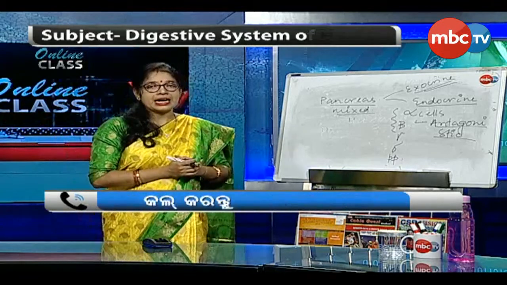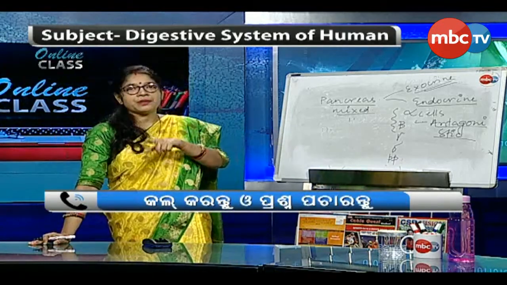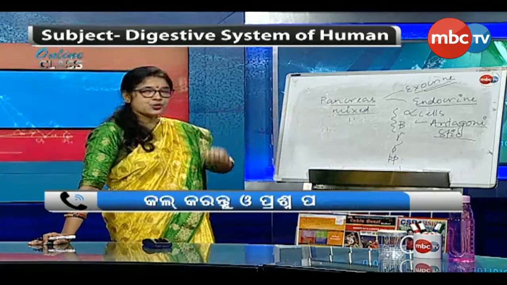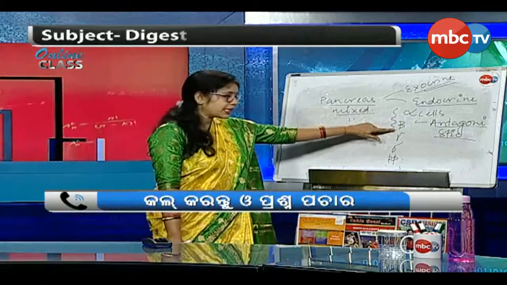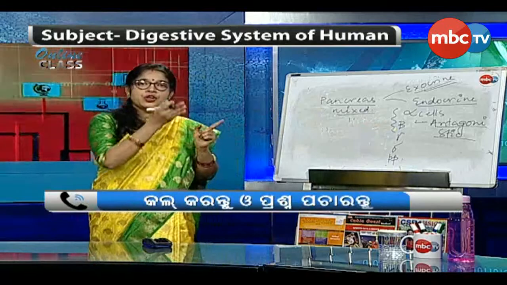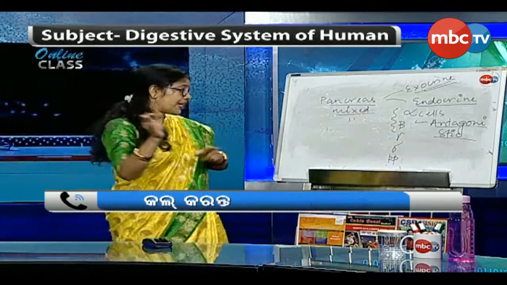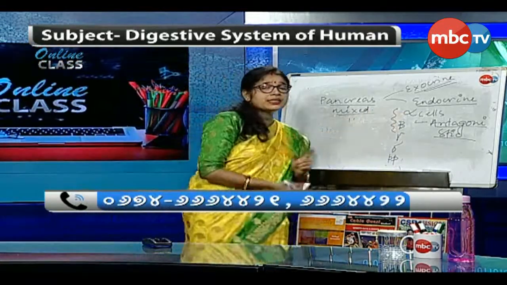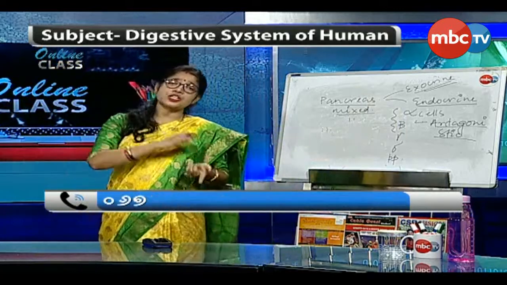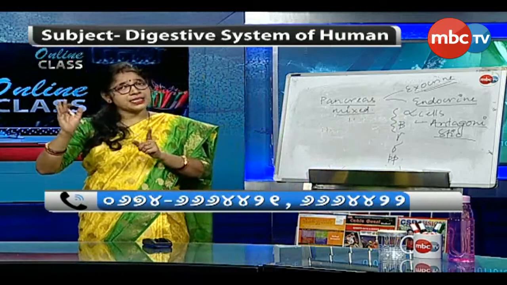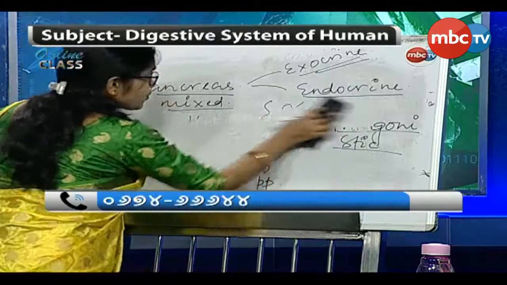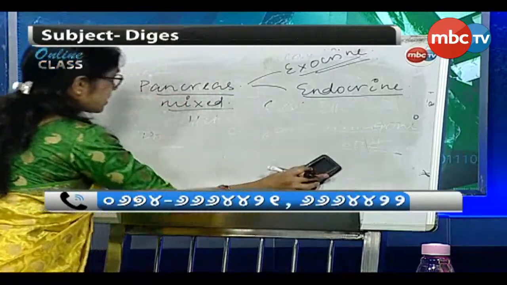It indicates that the glucose cannot be converted into glycogen in the absence of insulin. So, insulin secreted from the beta cells causes the conversion of glucose into glycogen, whereas the glucagon secreted from the alpha cells causes the reverse process, converting glycogen into glucose. So, this is about the different cells.